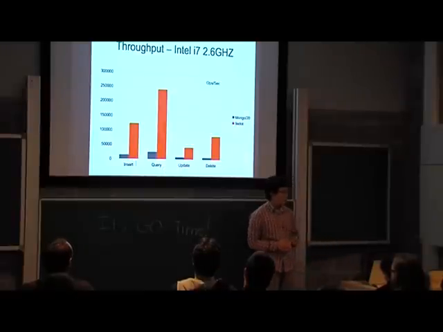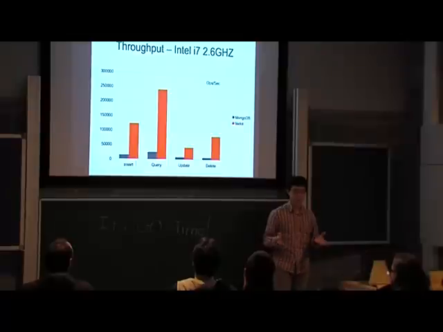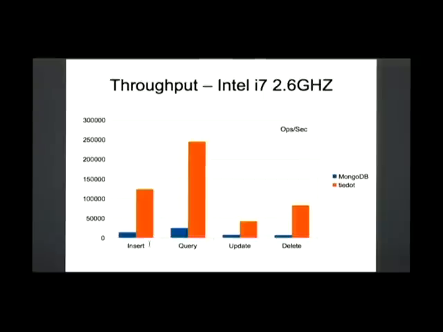On an Intel laptop with a 2.6 gigahertz CPU, tiedot performs really well in terms of throughput, many times faster than Mongo. I guess it's probably because the engine is very small and doesn't have complicated features such as replica sets or sharding.